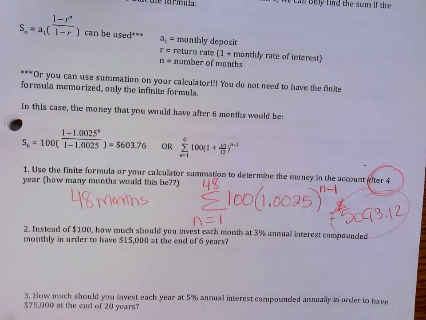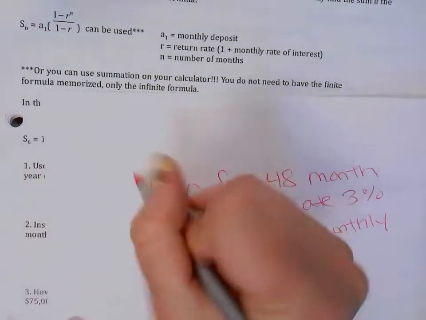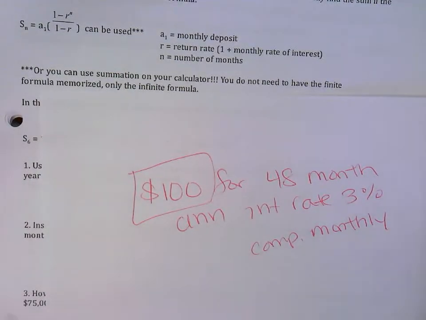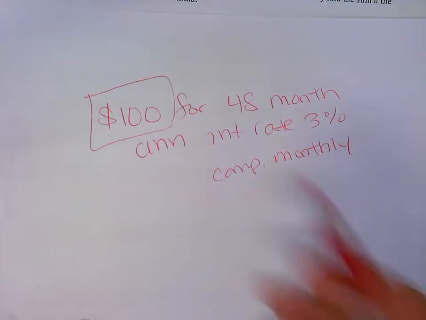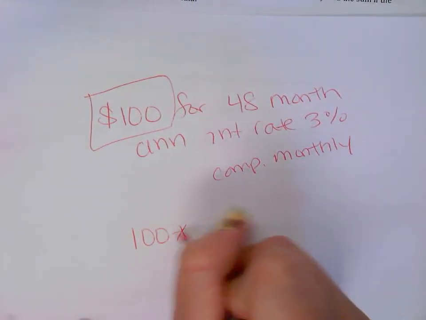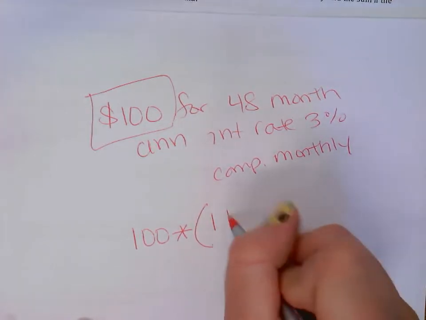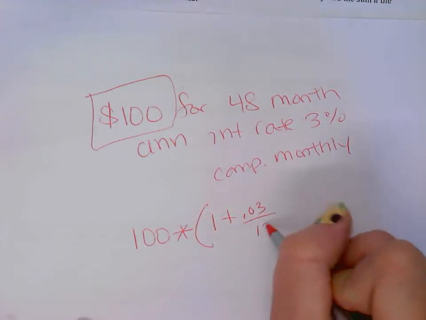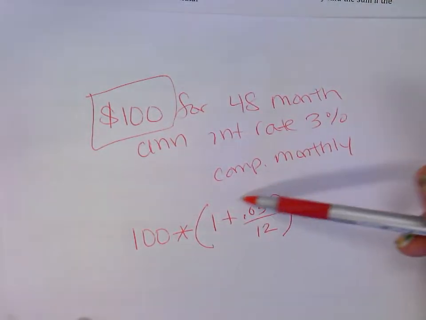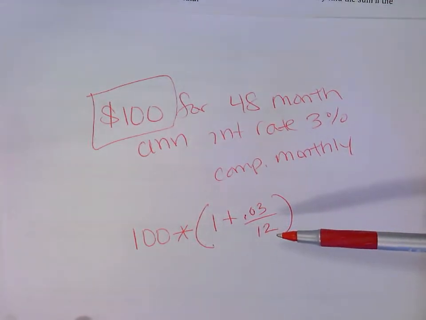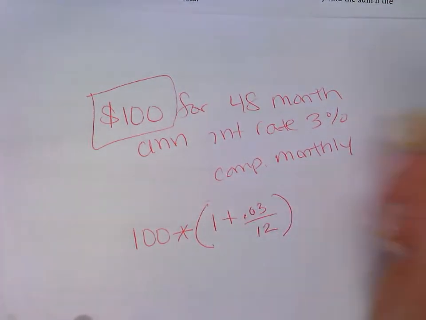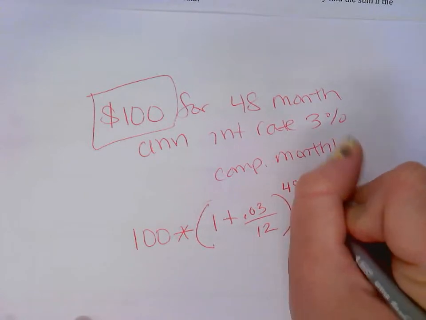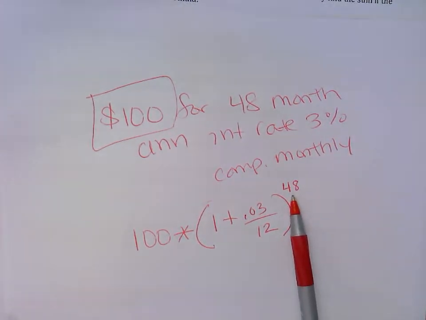If I just say you're putting in $100 one time, remember our compound interest formula, 100 times 1 plus your 3% divided by 12. That's the same number we're using, right? The 1.0025. But here is when you raise it to the 48th, because that's your number of compounds times your number of years.